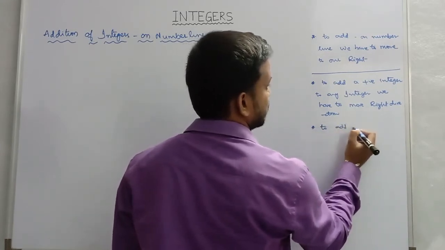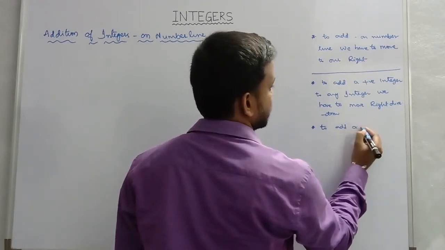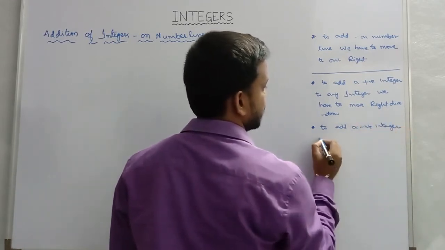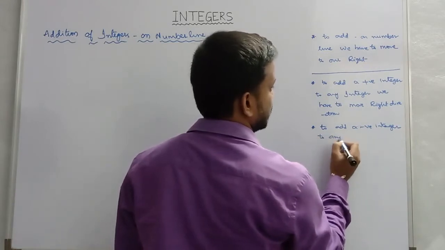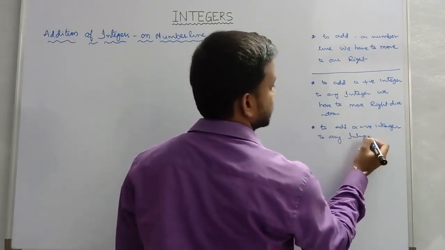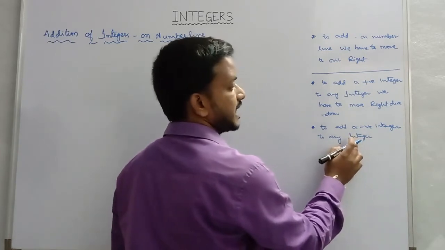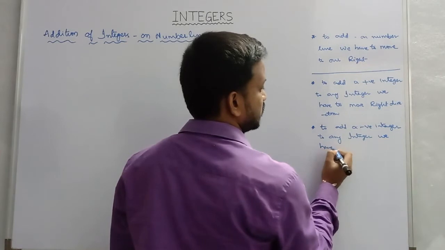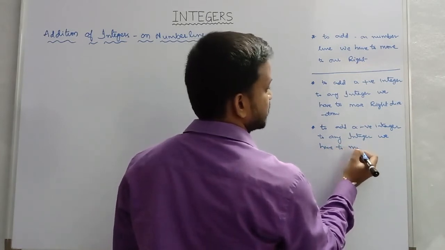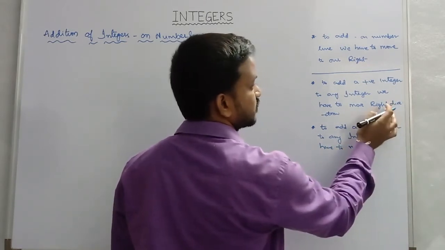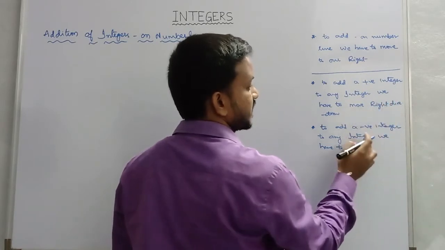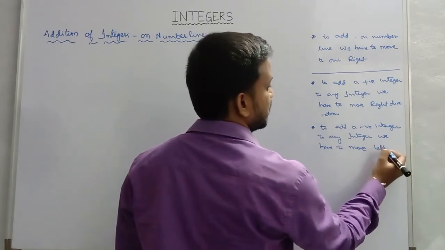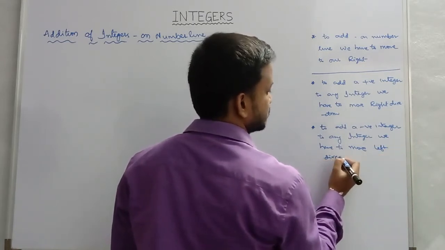To add a negative integer to any integer, in the sense either this integer is positive or negative, we have to change our direction. So which direction we have to move? Here we have to move right direction because the second integer is negative, so that we have to change the direction, that is left direction.